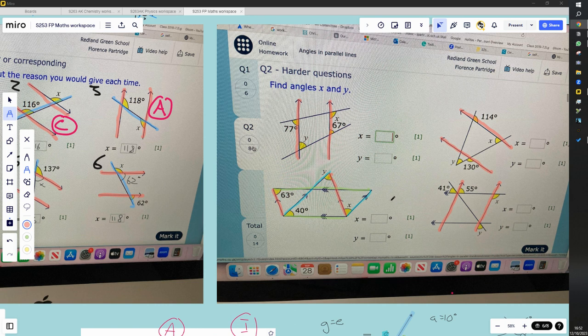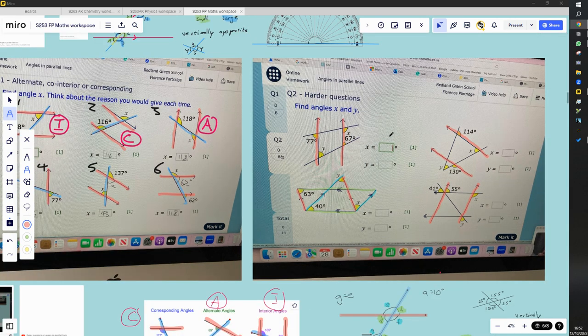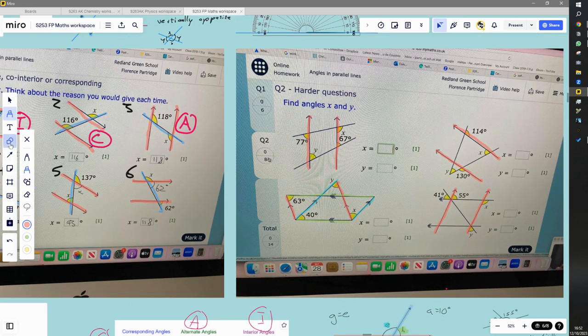Now, one of the things it's not done, I've noticed, but they often do this, is put an isosceles triangle in there somewhere. So we haven't got it in any of these questions, but you may get it in another question.